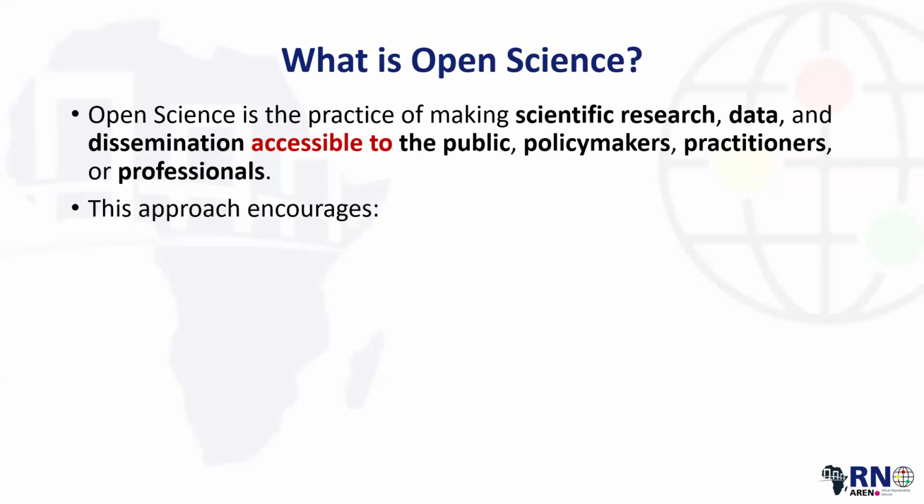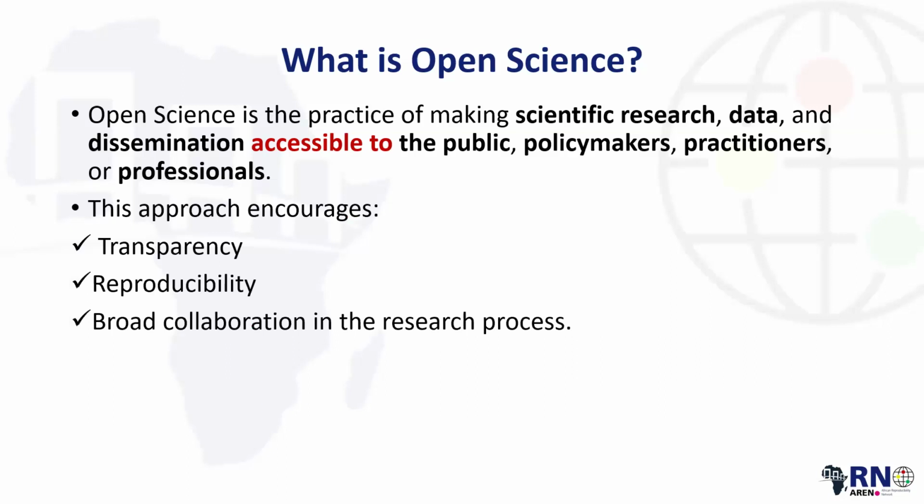So open science encourages transparency, reproducibility, and broad collaboration in the research process. So you can see the main three things that open science revolves around is making scientific research transparent, reproducible, and to enhance the ability for collaboration.